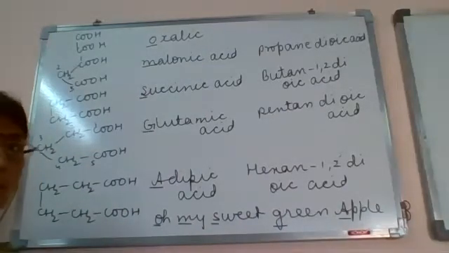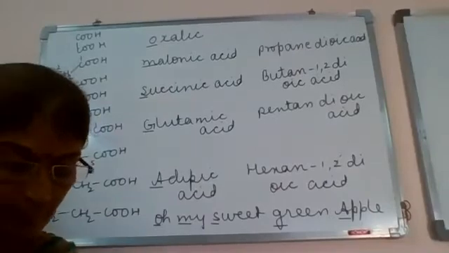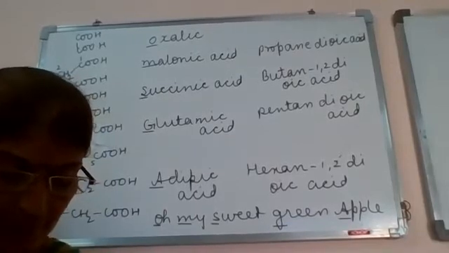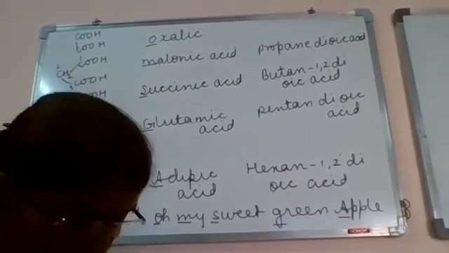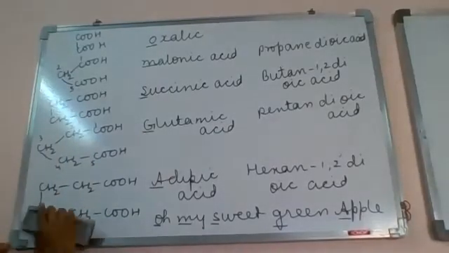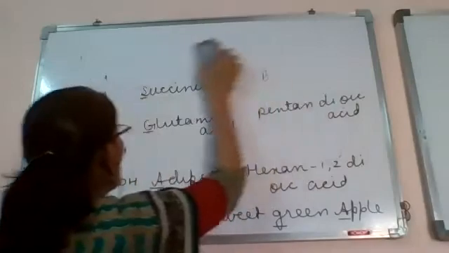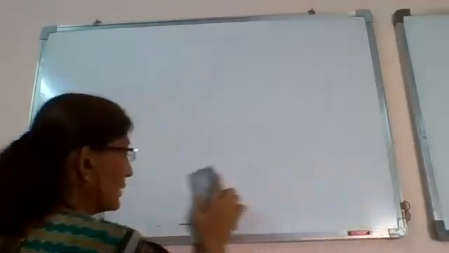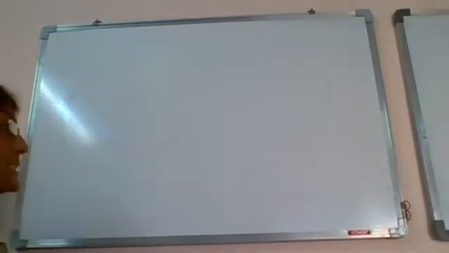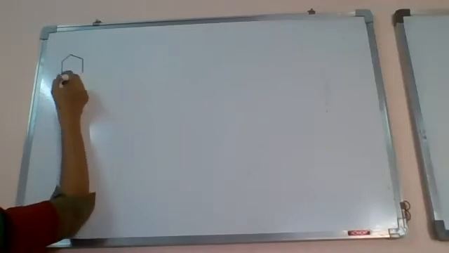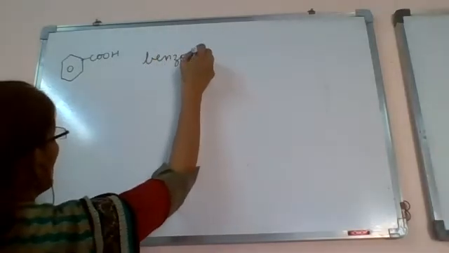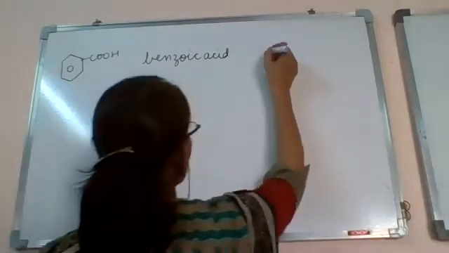Now few more common names as well as IUPAC names. Note कर लेना इसको. Next is COOH, then benzoic acid, that you know. रिंग ऊपर COOH है, फिर benzoic acid. इसका कॉमन नेम भी benzoic acid है, IUPAC नेम भी benzoic acid.